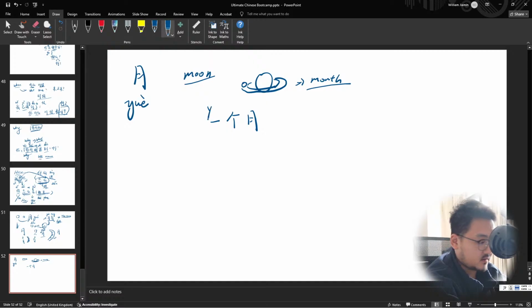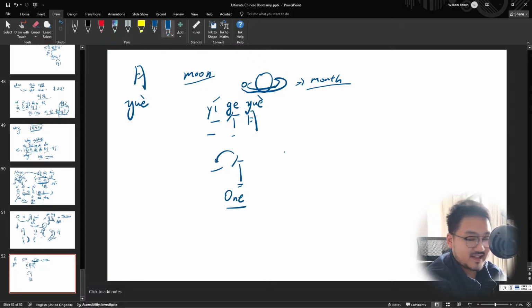Right? 一个月. This is not 一 but rather 一个月, going down. Okay? So 一个, that means just one. Basically we add 个 behind the 一.